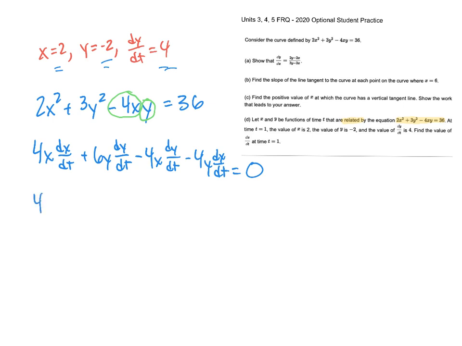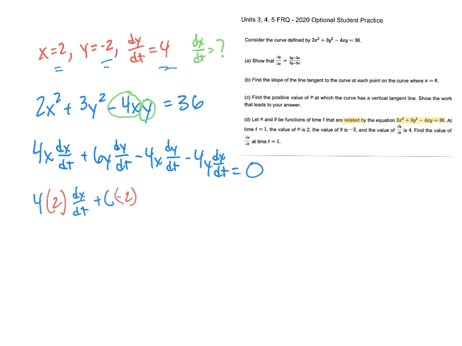4 times 2, we do not know dx dt. I didn't write that at the beginning, but usually when you're doing your related rates, you want to make sure that you're writing down the thing you're trying to find, just to keep yourself organized, which was dx dt for us. Plus 6 times y, we know y is negative 2.